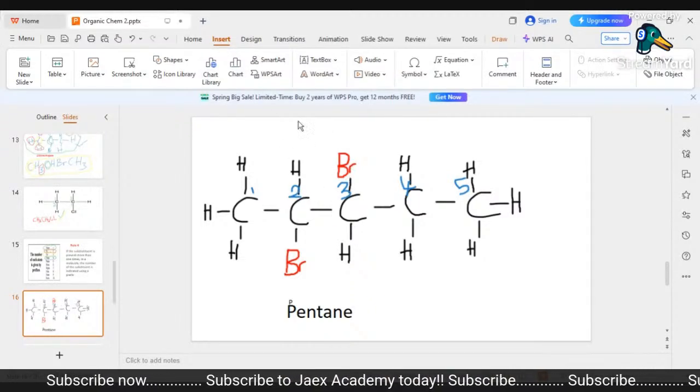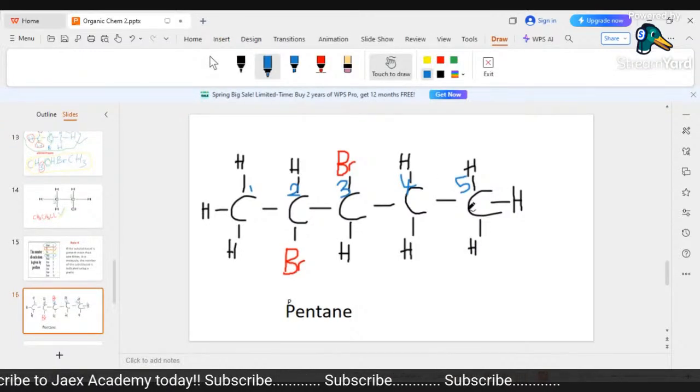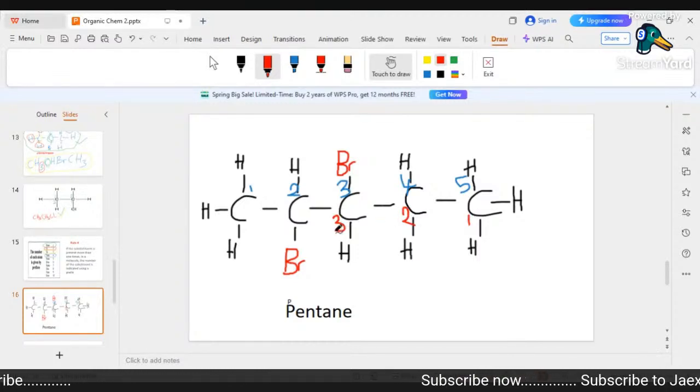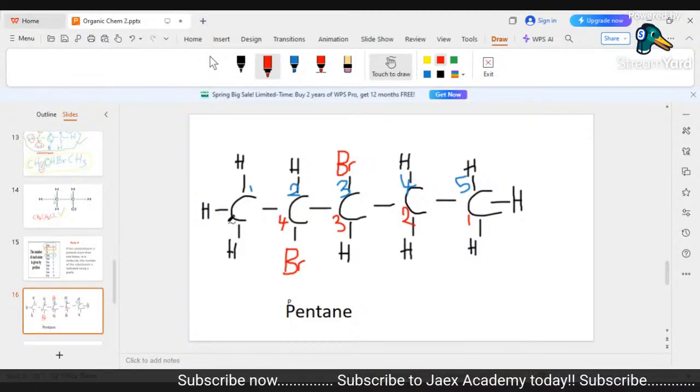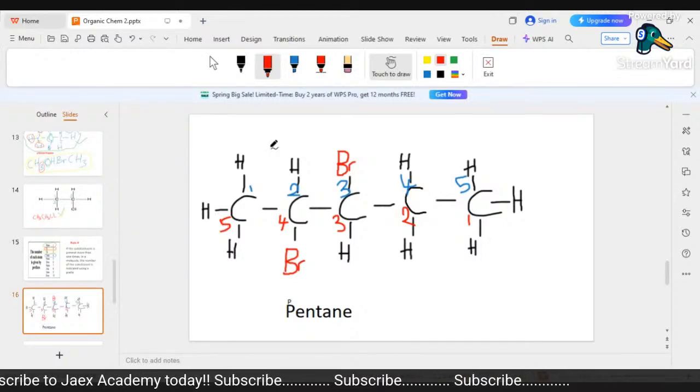Rule number 3. Start counting from the side that is closest towards the substituent. Now we counted from the up, and you see that the first substituent is at position 3. Let's count from the bottom.